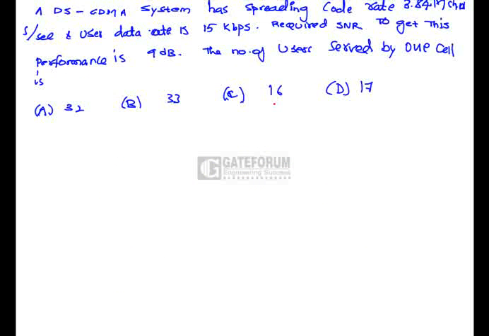A CDMA system has a spreading code rate of 3.84 megachips per second and a user data rate of 15 kbps, and the required SNR to get this performance is 9 dB. What is the number of users served by one cell? Here the processing gain is nothing but 3.84 into 10 power 6 divided by 15 into 10 power 3, which equals 256.